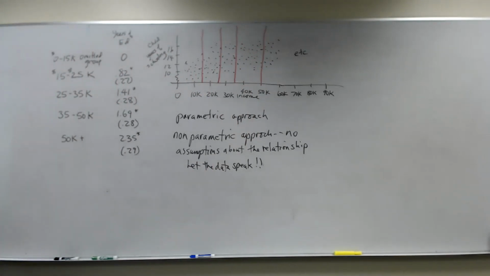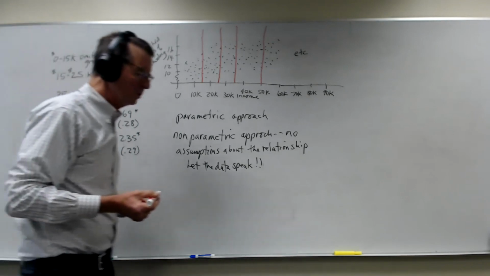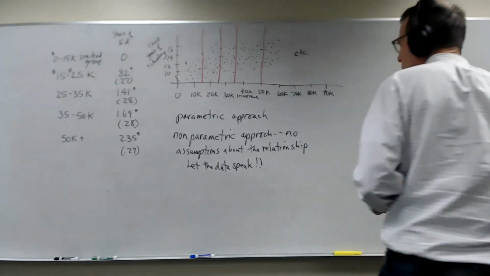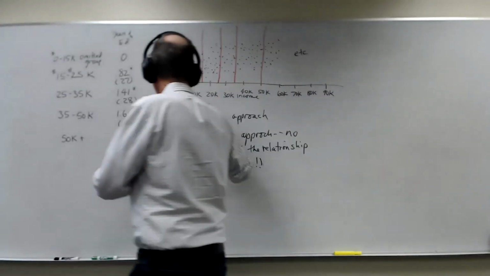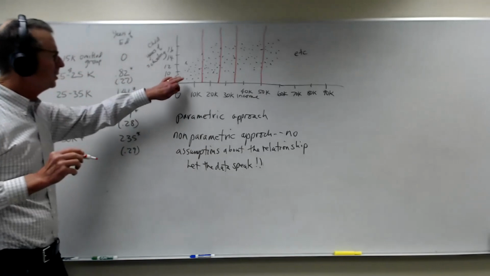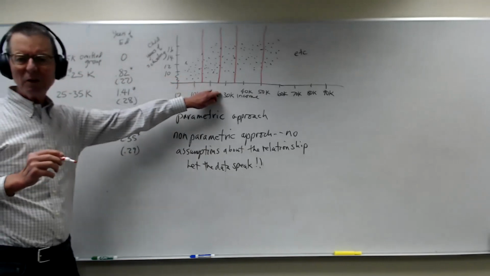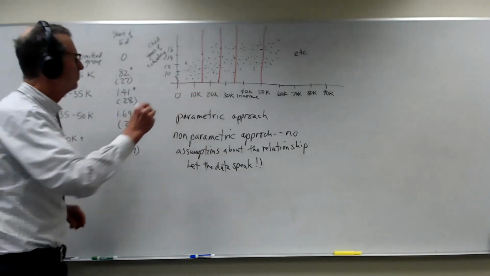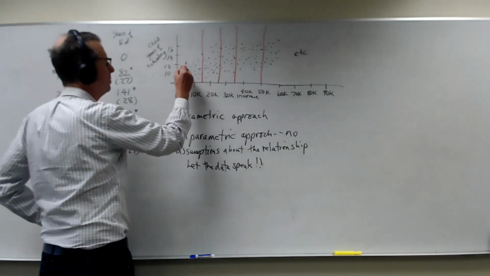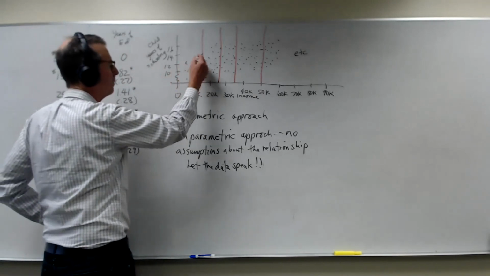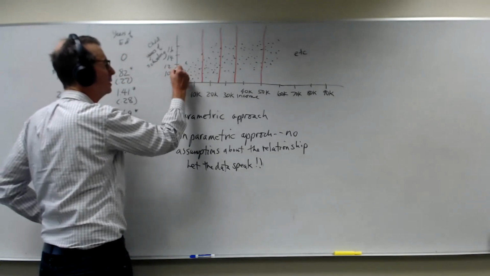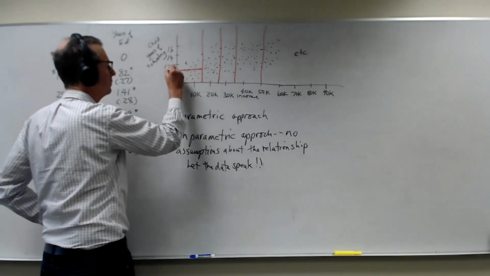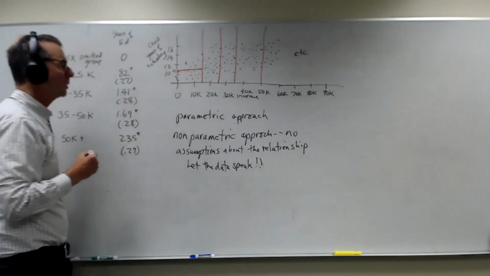All right, so one way of thinking about what the dummy variables tell you is to think that all this is doing is finding the mean value of children's years of schooling within each of these groups. Suppose the mean value of all of these dots in the less than 15,000 group, let's say, is 11 years of school.